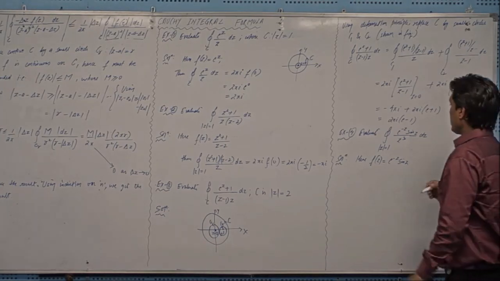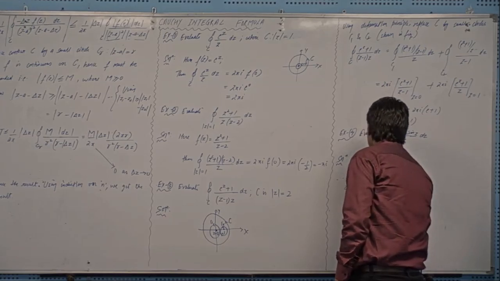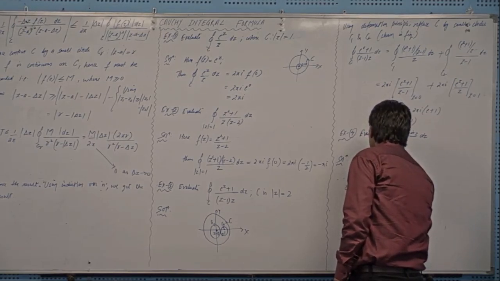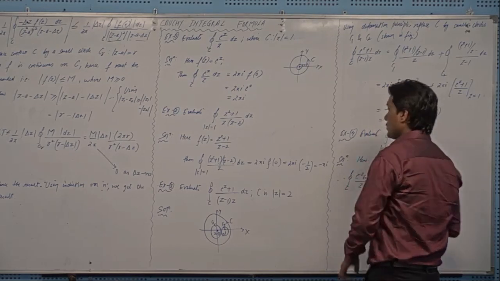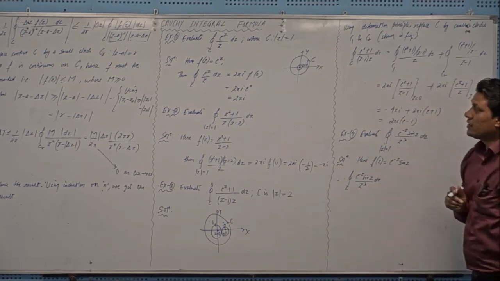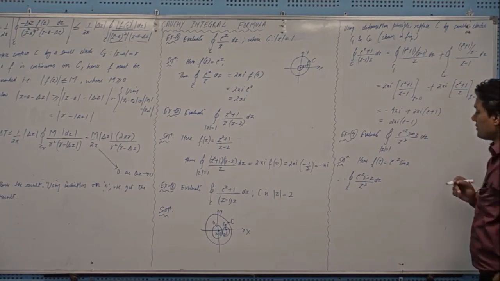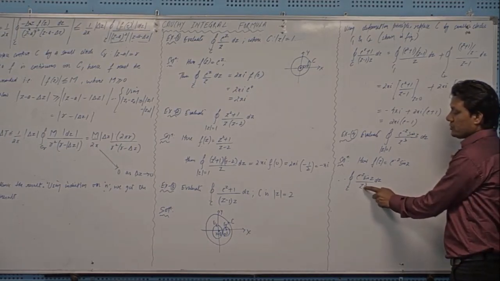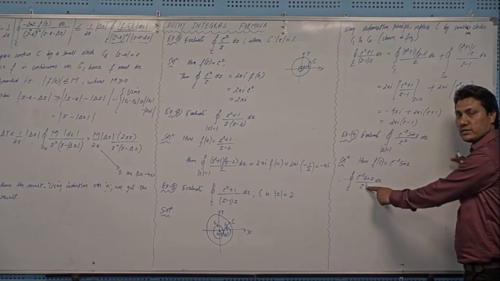We need to write this integrand as the integral over C of e to the power minus z sine z over z cube dz, and you should compare this integrand with that Cauchy's second formula, right? And you can see that z cube means z to the power 2 plus 1, right? And the value of n is equal to 2 here, right?